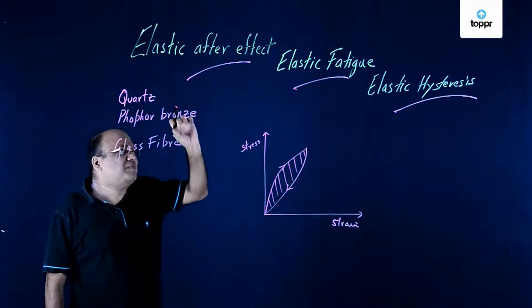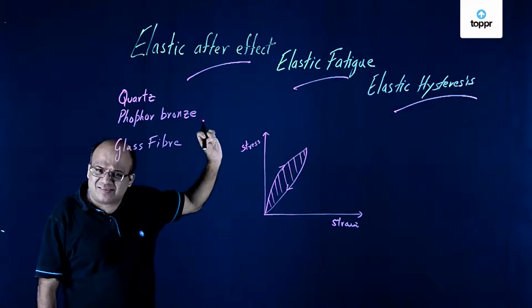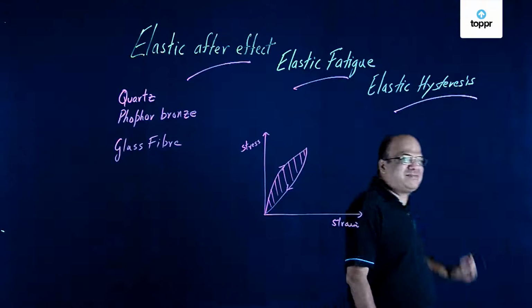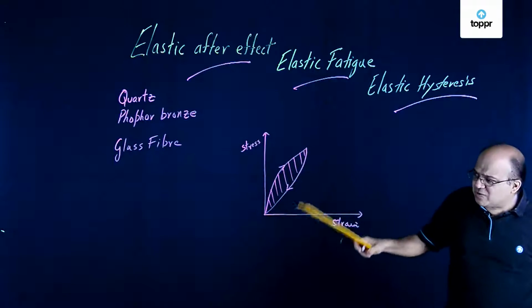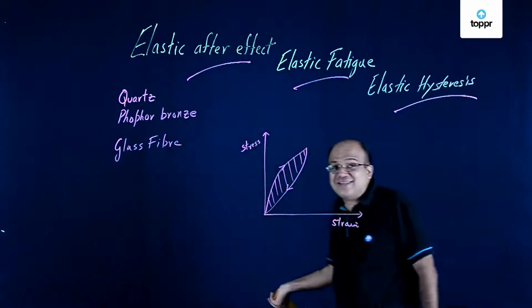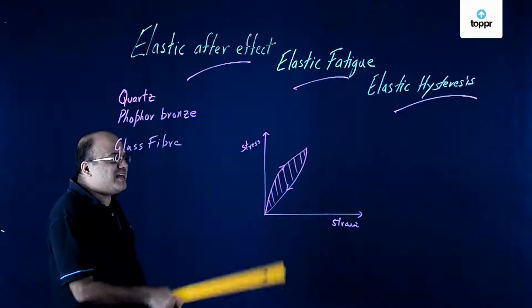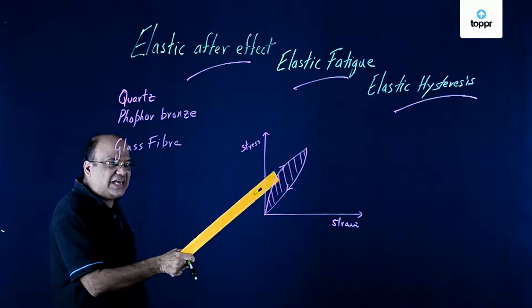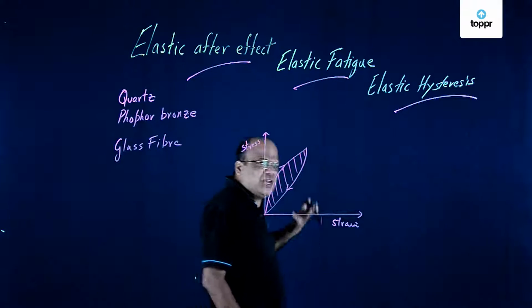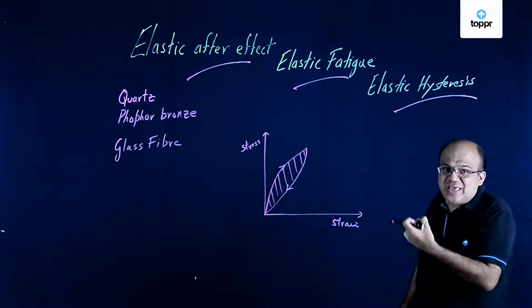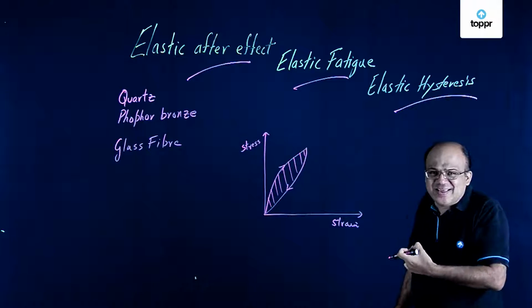So remember this about elastic hysteresis. The fact that the stress strain graph is not retraced on reversing the strain is called elastic hysteresis. The area enclosed by the graph gives us the energy lost per unit volume in a loading unloading cycle.